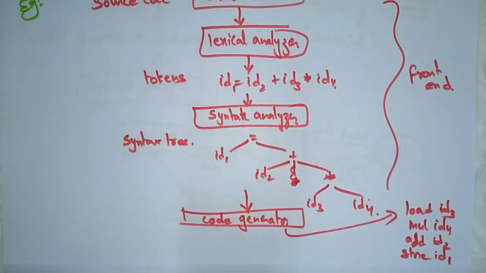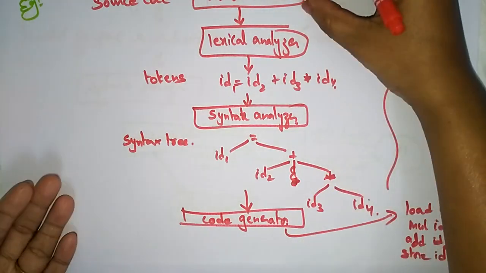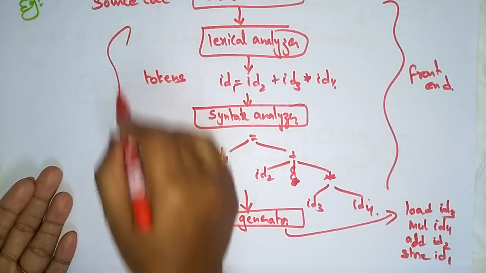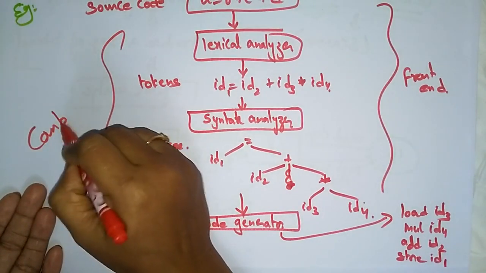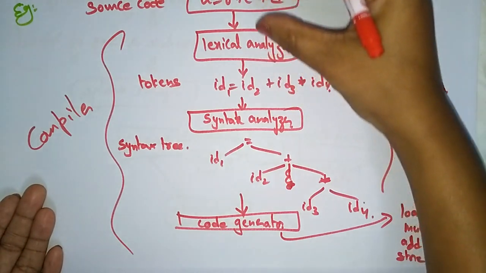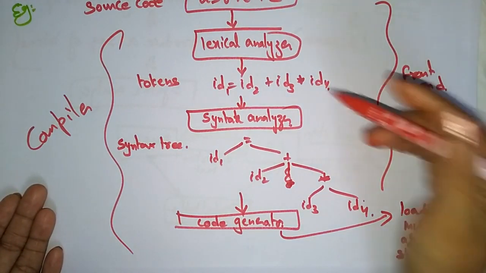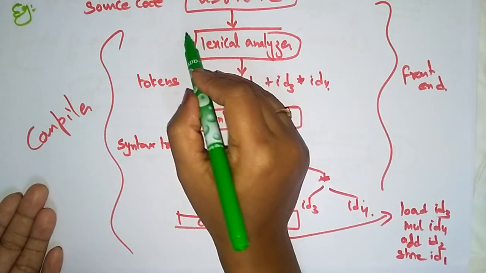Our main aim is that whatever input we take, a high level language, the compiler, with the help of different phases, converts that high level language into assembly level language. Here we are discussing the first phase.